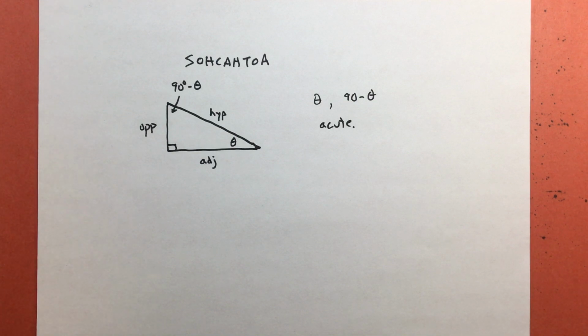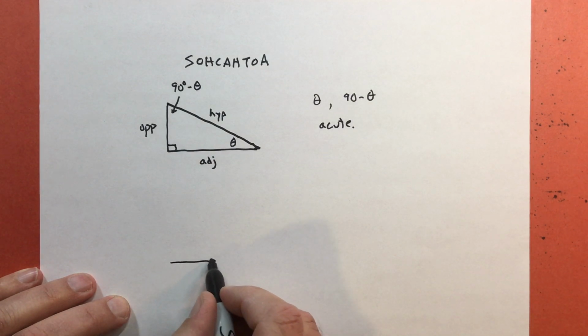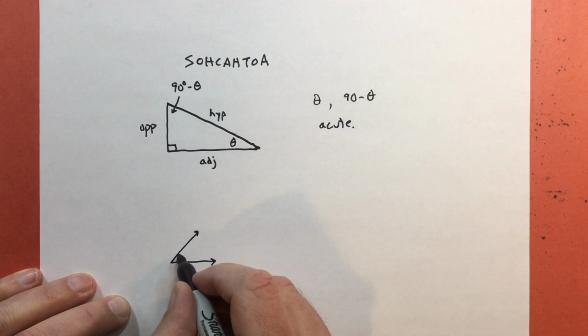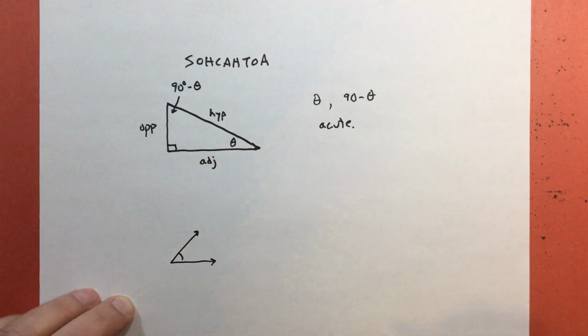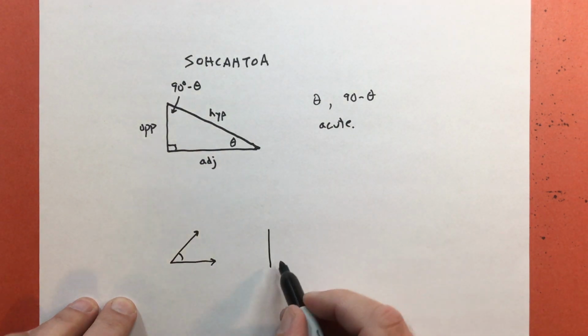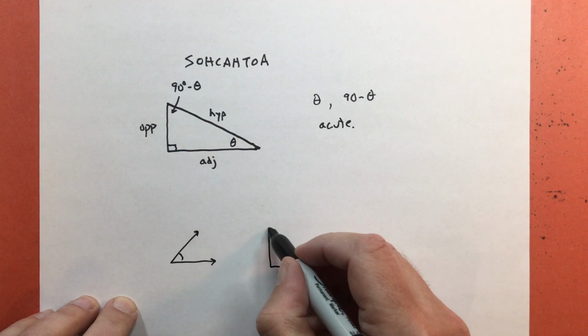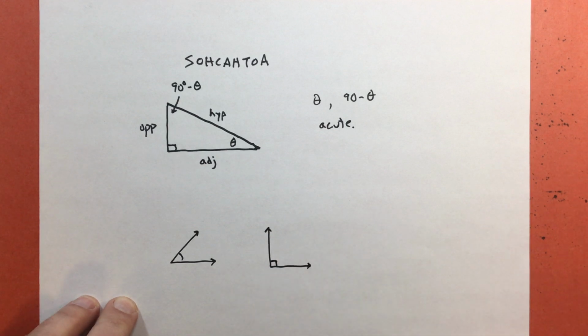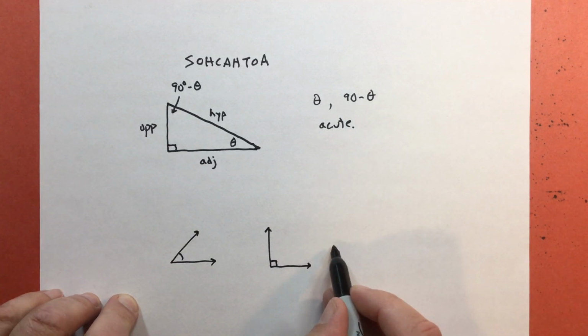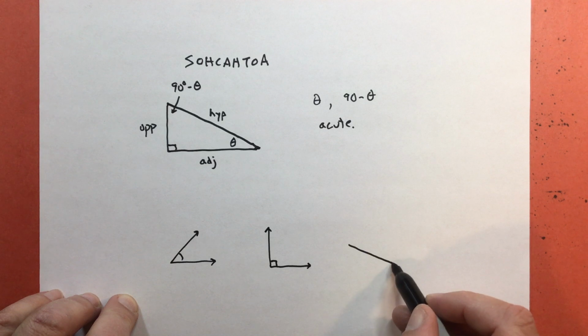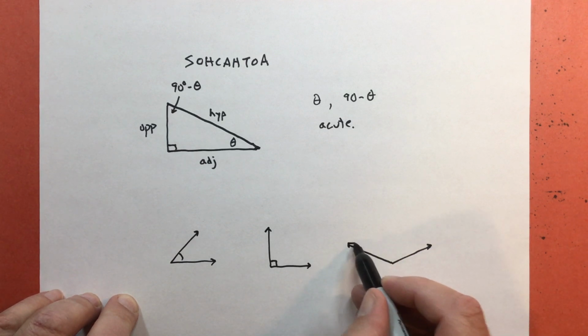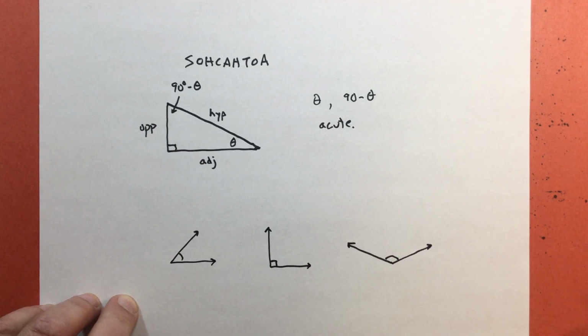So in geometry, an angle can be acute, which means it's less than 90 degrees. It can be a right angle, and we usually use that little box to mark it. Or we can have an obtuse angle, which is more than 90 degrees.